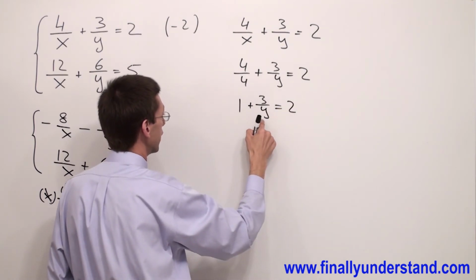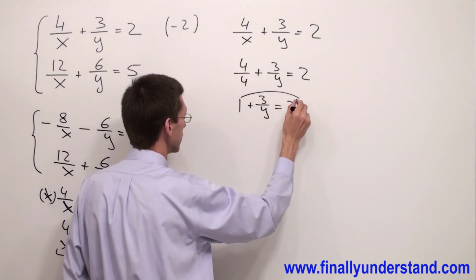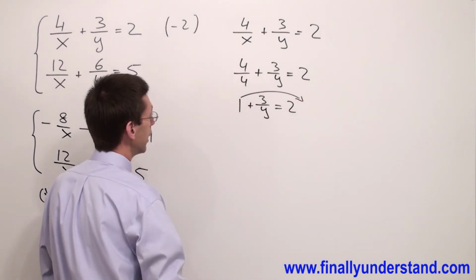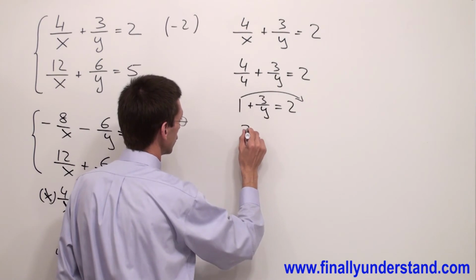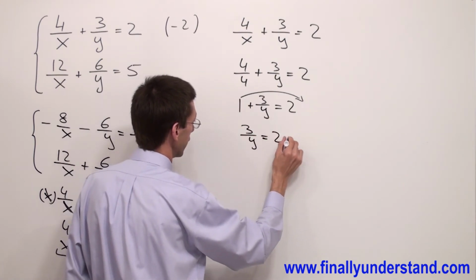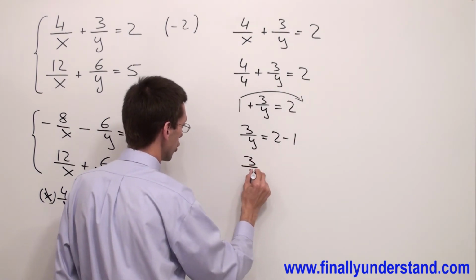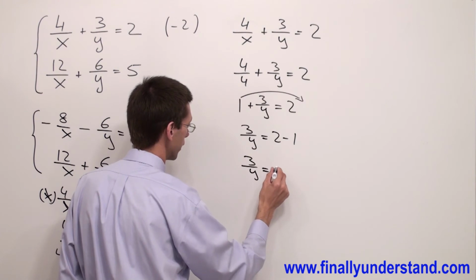In order to find the value of y, I'm supposed to move this 1 to the other side. And I have 3 over y is equal to 2 minus 1. 2 minus 1 is equal to 1, so I have 3 over y is equal to 1.